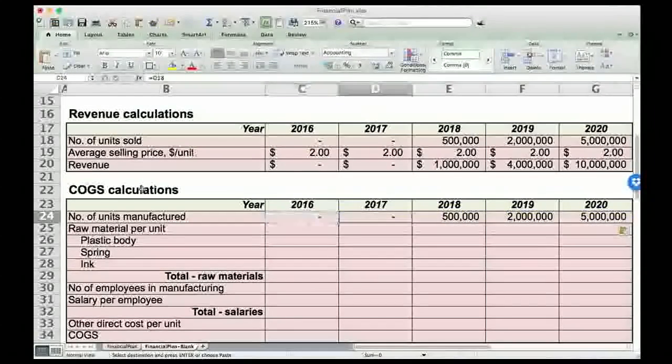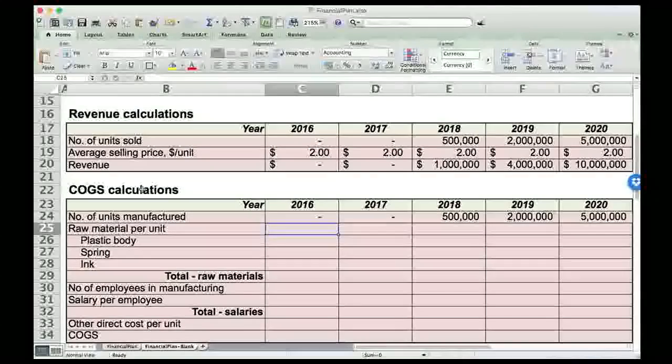So we copy it for 2017, 2018, 2019, and 2020, and then let's look at the raw material price per unit. As I mentioned, in case of cost of goods sold, you look at the direct cost. So direct cost is raw material and labor.